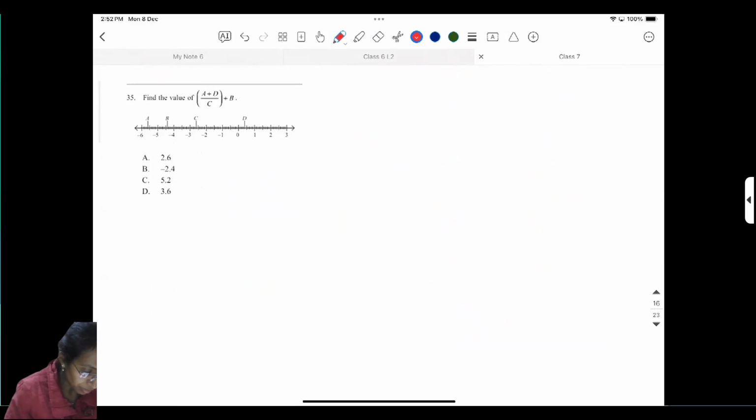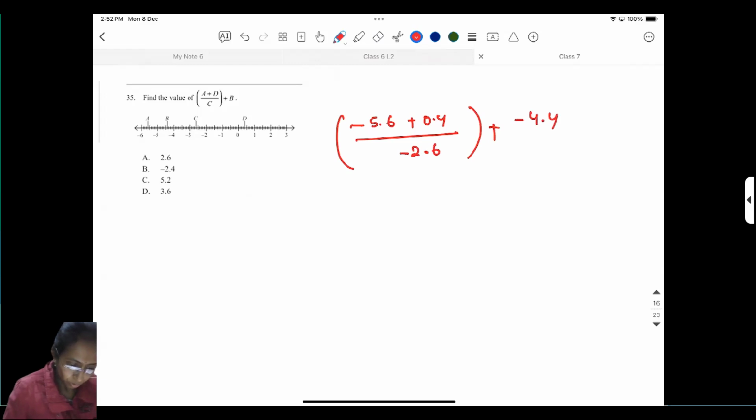Now the next one, find the value of A plus D by C plus B. Now we need to find the values of all the terms where A is minus 5.6, D is your 0.4 positive, C is your minus 2.6 and B is your minus 4.4.